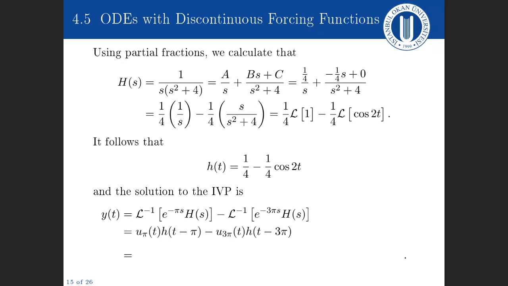Put in h and replace t by t minus pi or t minus 3 pi, and we get our answer. That's a quarter u pi multiplied by 1 minus cos 2(t minus pi), minus a quarter u 3 pi multiplied by 1 minus cos 2(t minus 3 pi).